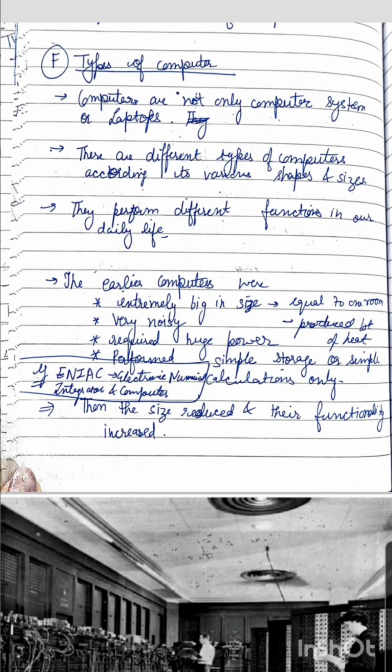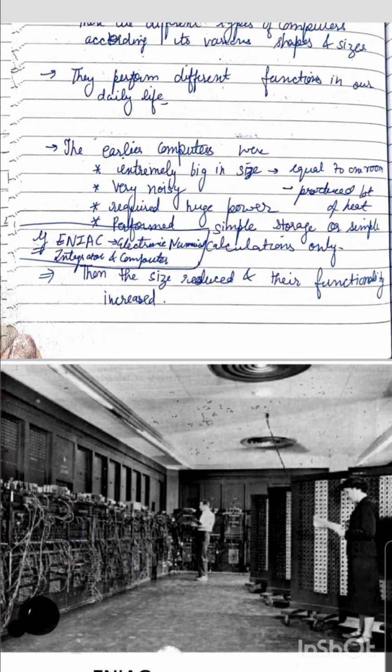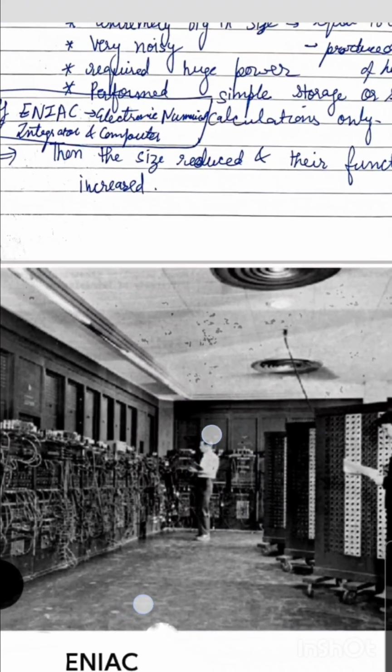They used to produce a lot of heat. They required huge power, they performed only simple calculations, and they had a very small amount of storage. Gradually the size reduced and the functionality increased, but before that we had computers as large as a room.